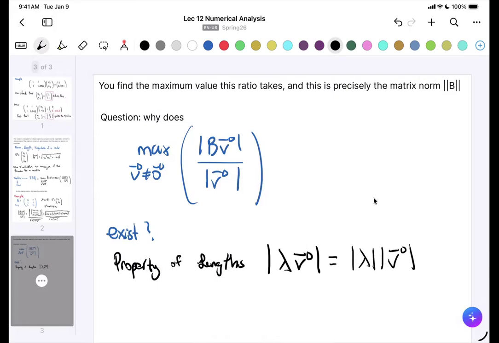So when you have a number times a vector and you take its Euclidean length, you can pull out lambda. I'll put it for the lambda positive case, because that's the only thing I need. For lambda positive, the length of a vector times lambda is just lambda times the length of that vector. Is that making sense?